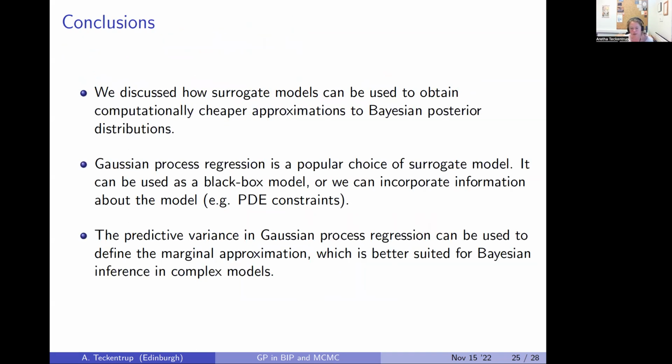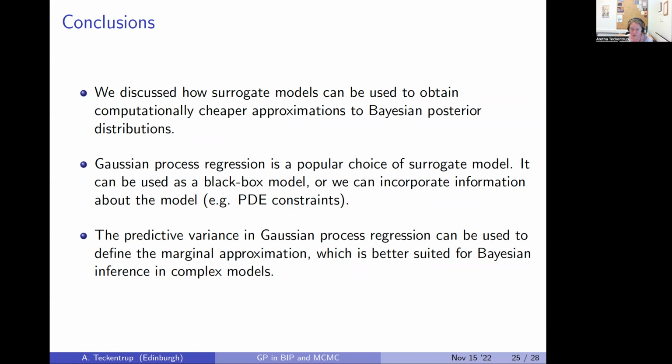All right, so that was really all I wanted to say. We discussed how you can use surrogate models to obtain computationally cheap approximations to Bayesian posterior distributions that you can then use for simulations in practice. We particularly looked at Gaussian process regression, which is a very popular choice of surrogate model.